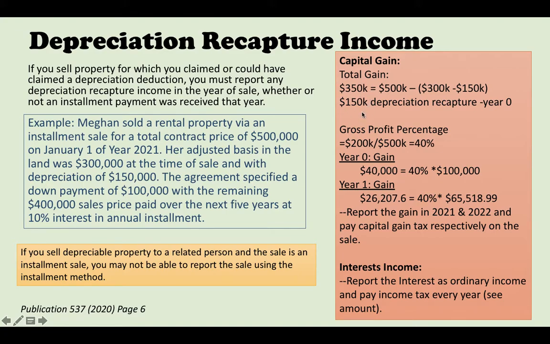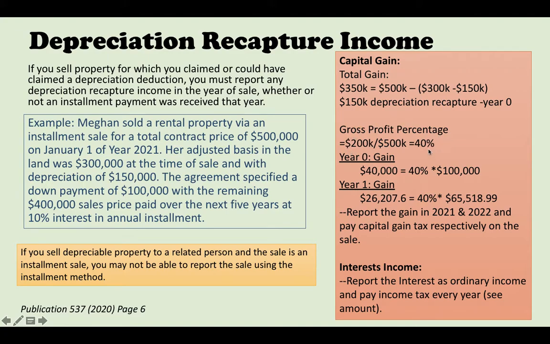Within the $350,000, $150,000 is depreciation recapture, taxed at a 25% rate. You still have the $200,000 of regular long-term capital gain. So for year 0, you have to pay 25% tax on the $150,000 depreciation recapture.